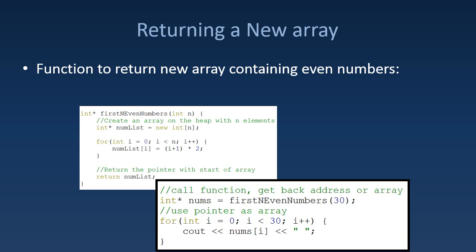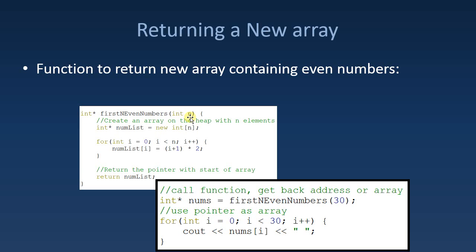We could use that idea to craft a function like this: first n even numbers. So I can pass in a number n, say give me the first 100 even numbers. And it's going to construct an array for us with 2, 4, 6, 8, 10, etc. Well, we can't return an array, so we have to return it as a pointer.